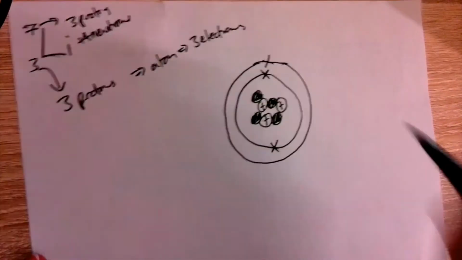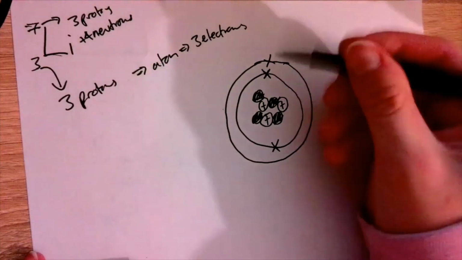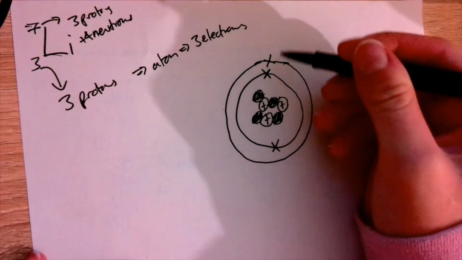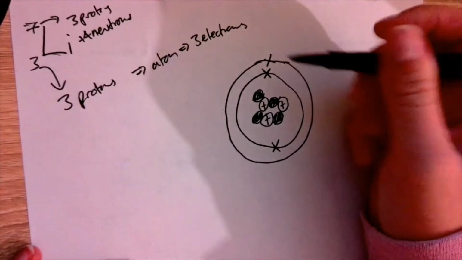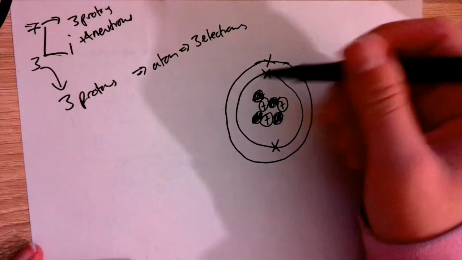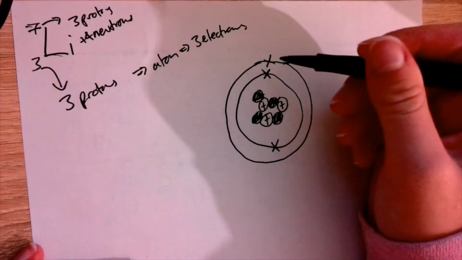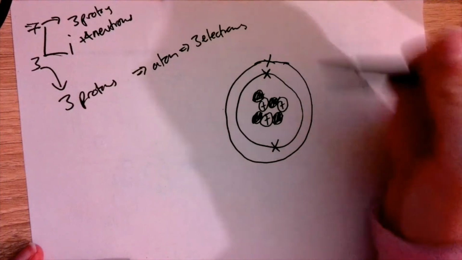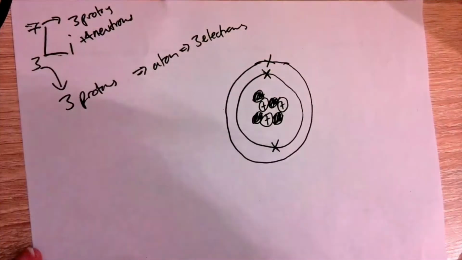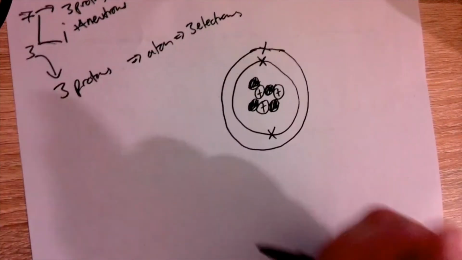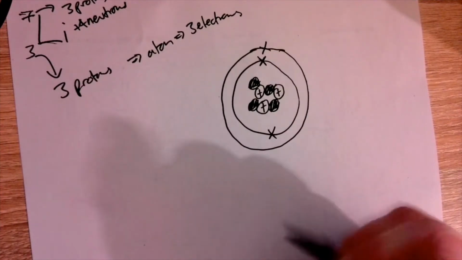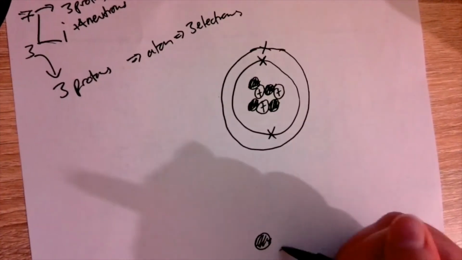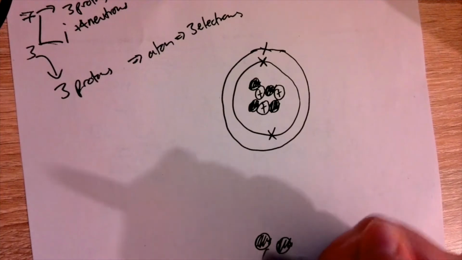For our lithium ion, it's going to be losing this 1 electron in the outer shell, as it's more stable having a full shell, and so it's easiest to just lose 1 electron rather than gain 7 electrons for that stability. So for our lithium ion, we're still having the same number of neutrons and same number of protons.